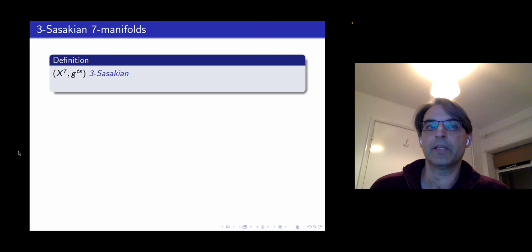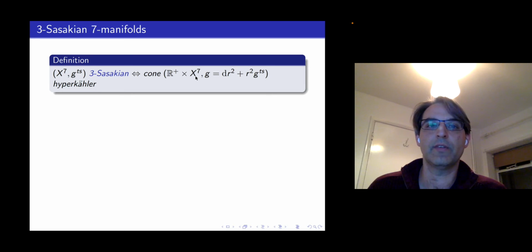So the definition is that a Riemannian 7-manifold is 3-Sasakian if and only if, when I look at the cone on that 3-Sasakian 7-manifold, so that's now an 8-manifold, and I define the cone metric so that our 3-Sasakian 7-manifold is the unit sphere in this cone, then that cone is hyperkähler, which is to say that the holonomy of the cone metric is contained in Sp(2), so the compact symplectic group Sp(2).